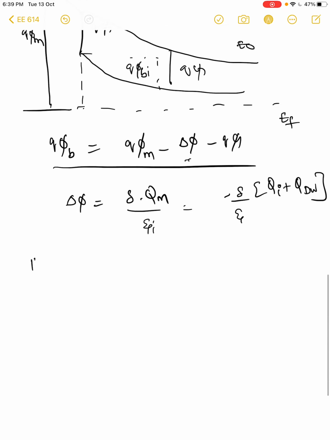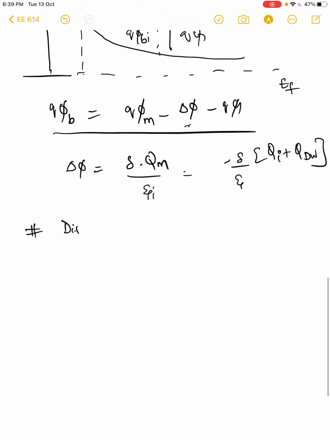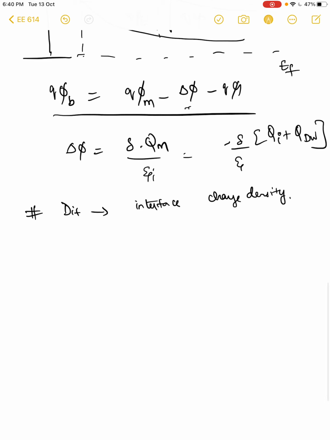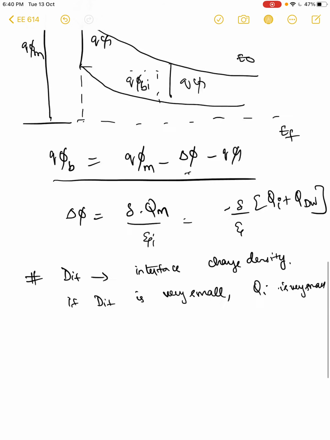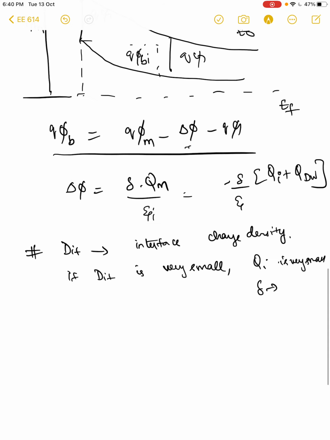So DIT, which is called the interface charge density, if DIT is very small, then basically your QI, the charge at the interface, is very small, and your delta, the interface width, is very small, right?